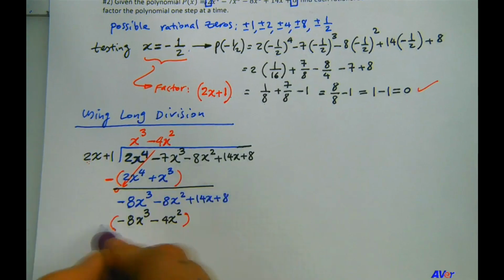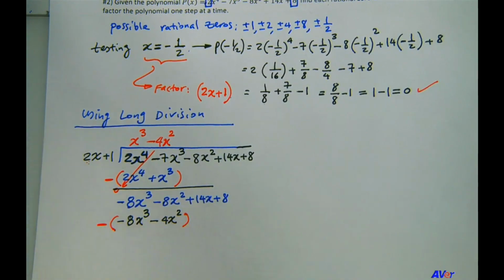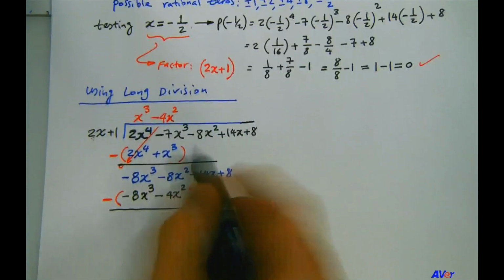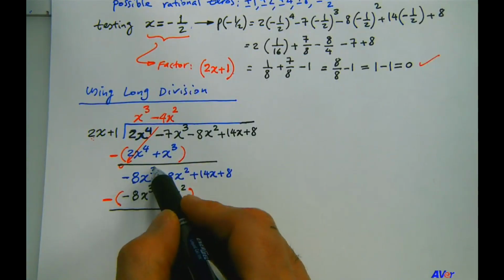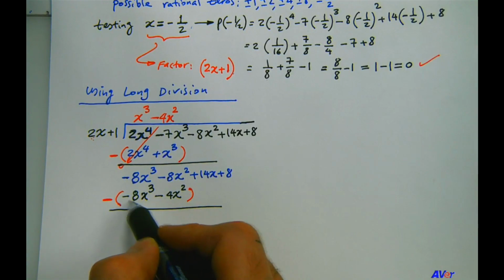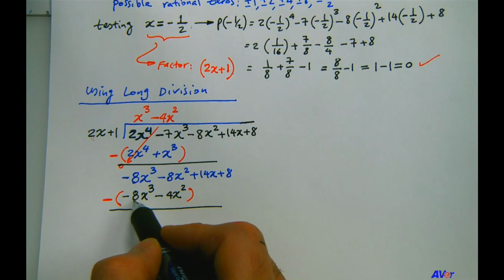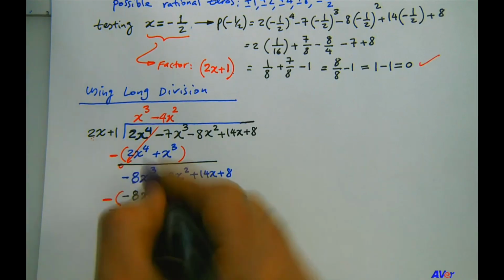Now subtract. Minus 8x cubed minus minus 8x cubed, that minus makes it positive, so these two add up to 0.